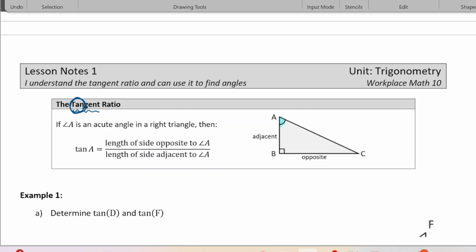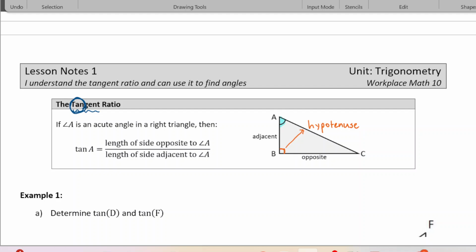Last lesson, the get ready lesson, we remembered that the longest side on a triangle is called the hypotenuse. The side that's across from the right angle is always called the hypotenuse. But the other 2 sides, if you're talking about a specific angle, they also have names.